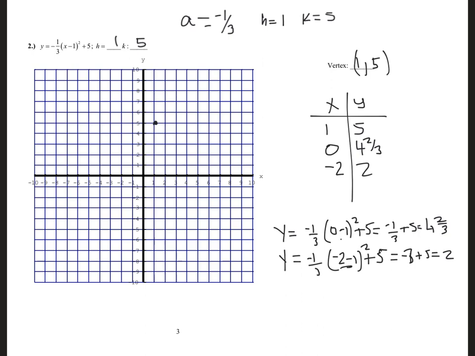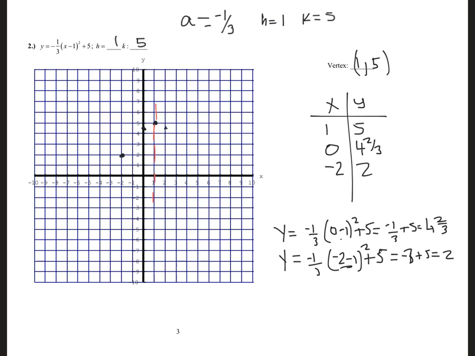Okay, now let's graph our points. So 0 and 4 and 2/3 about that point. And then we have negative 2, 2. And don't forget your axis of symmetry is along that line. So we can get some more points.